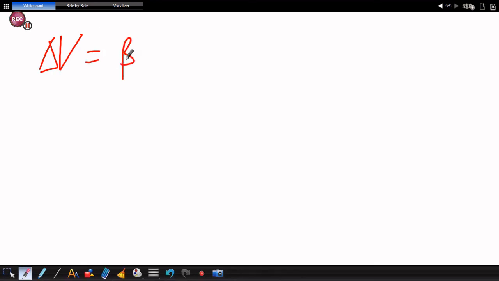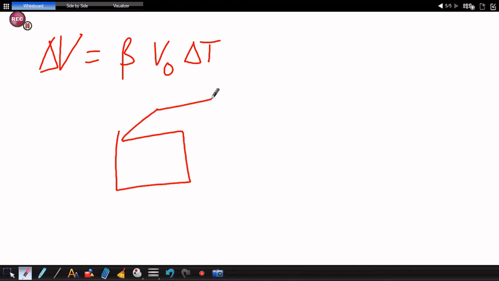You're going to have some constant times the original volume, which is measured at some initial temperature, times the change in that temperature. And if you go through your text, there's a justification for what's going on. If you have an object, let me try to draw a big box.